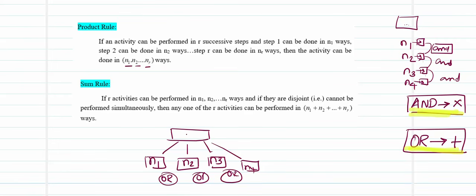So if you have an OR in between, then you will have to add all the data to get the total number of ways. This is what we call the sum rule and product rule. For the product rule, the individual task is broken into n number of components, and hence the final value will be multiplied. In the sum rule, the task is performed by one of these activities, and hence it is going to be added up.